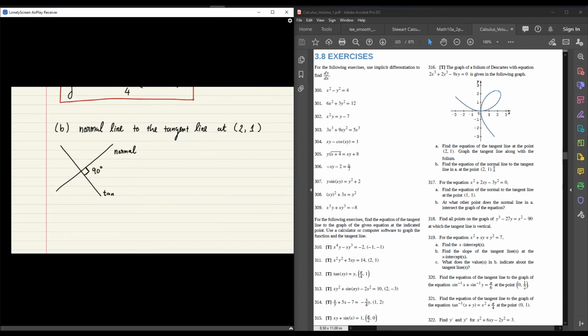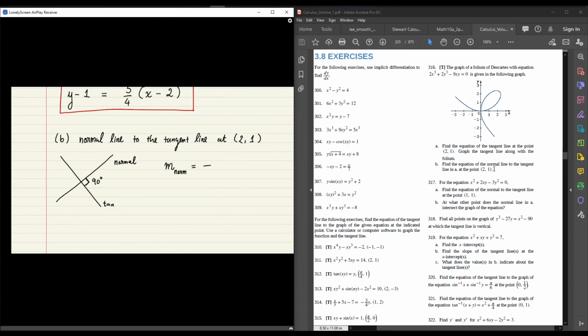Well, because the normal line is perpendicular to the tangent line, we know that the slope of the normal line is equal to the negative of the inverse of the slope of the tangent line. So that would be negative 4 over 5, because the slope of the tangent line is 5 over 4. We also know that this normal line passes through the point 2, 1.